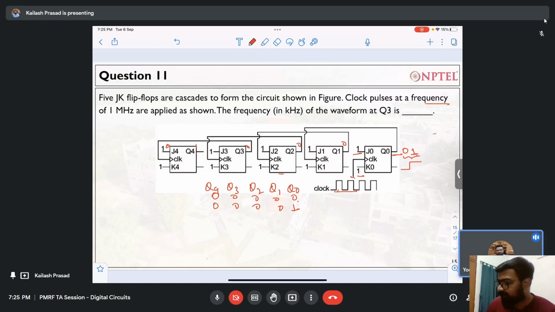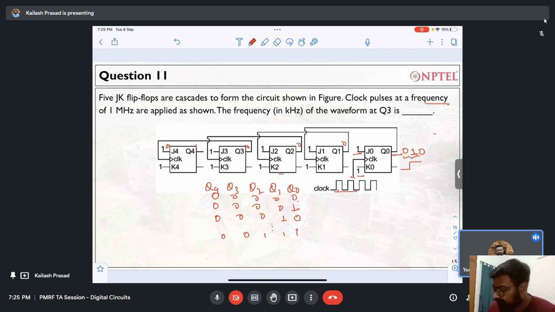After that, if it goes from 1 to 0, this will become 0, this node will become 1, and this will remain 0. Similarly it will keep on happening. You just connect and you will see that after some time it will become 1 1 1, and this will be 0.